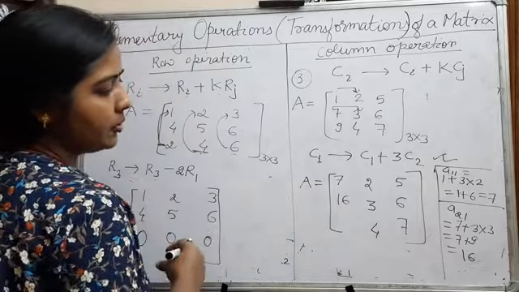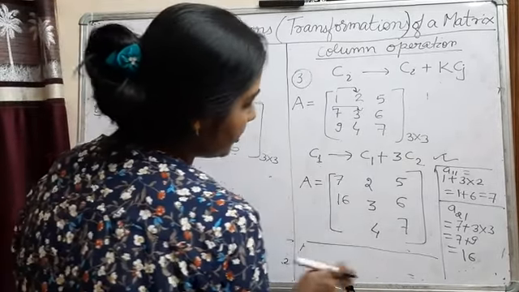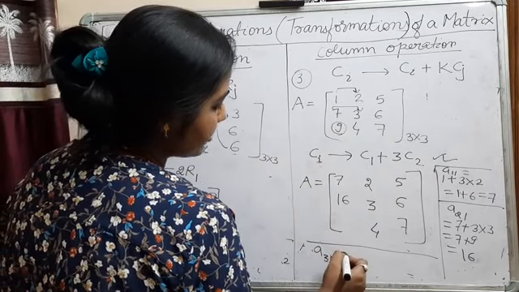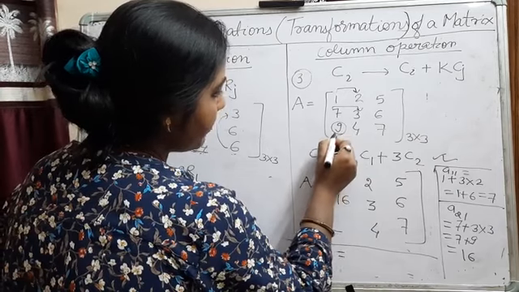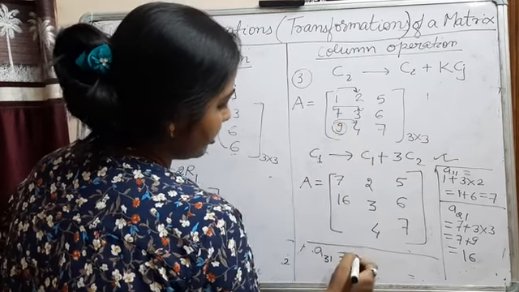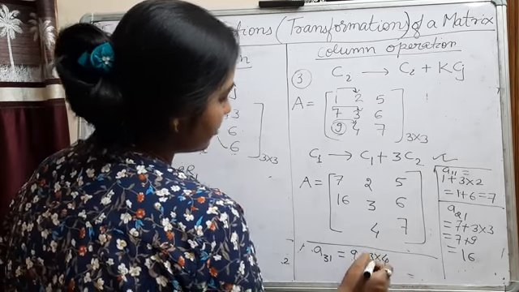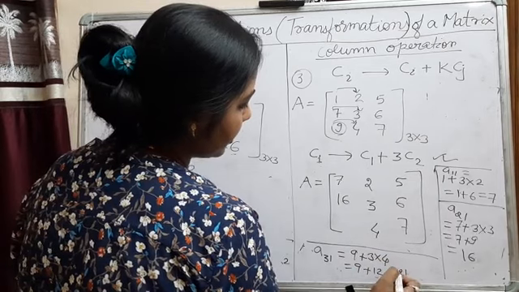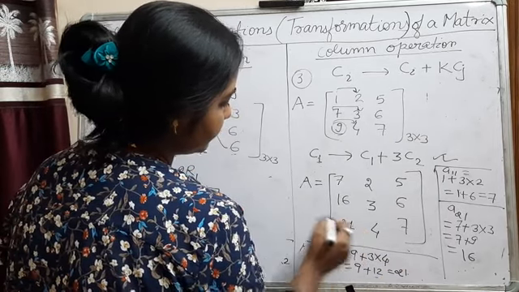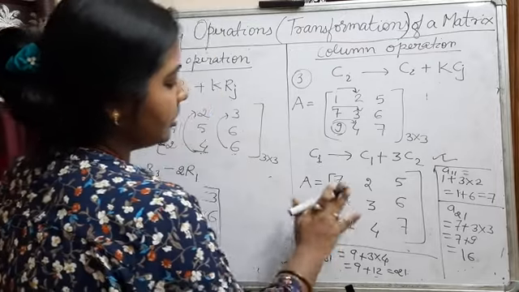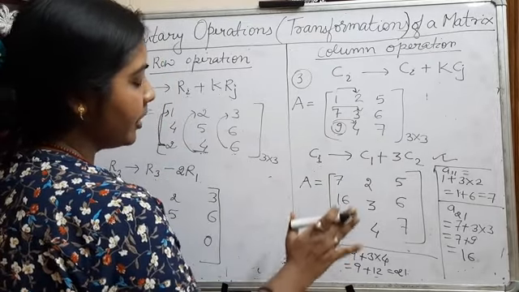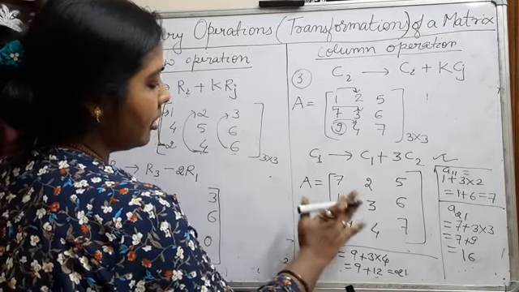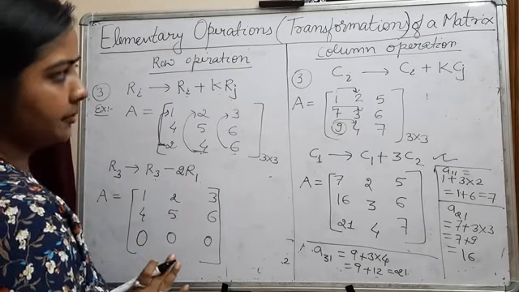So we are changing the value. Now the third place, the A31 position: C1 plus 3 into C2, so 9 plus 12, that is 21. So this is the way to find values when we are applying elementary operations, column operation or row operation. Thank you.